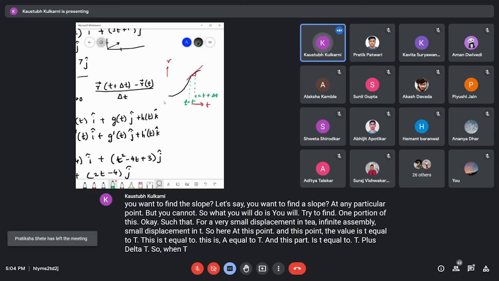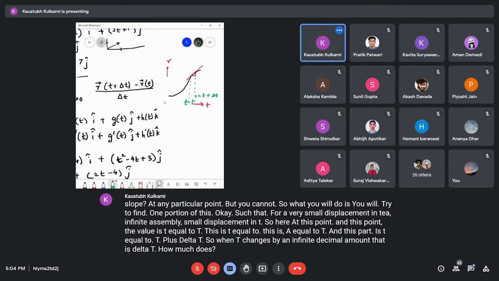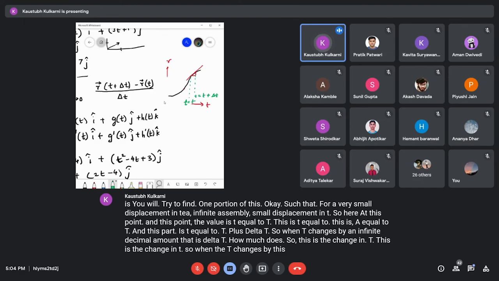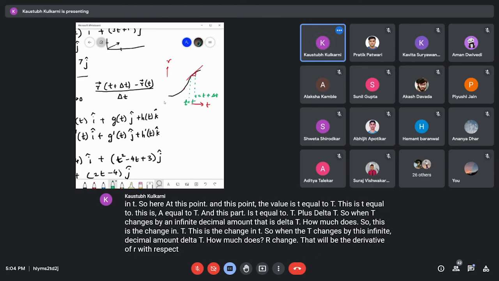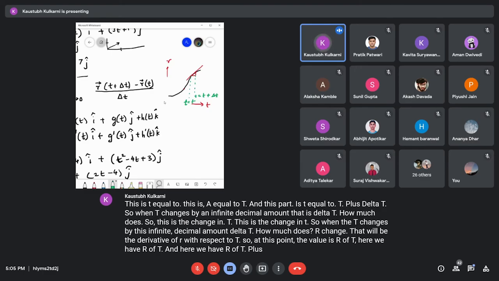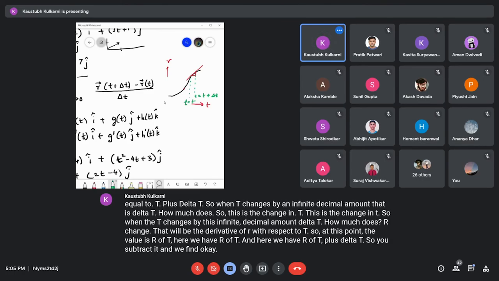So when t changes by an infinitesimal amount, that is delta t, how much does r change? That will be the derivative of r with respect to t. So at this point the value is r of t, and here we have r of t plus delta t. So we subtract it and we find.